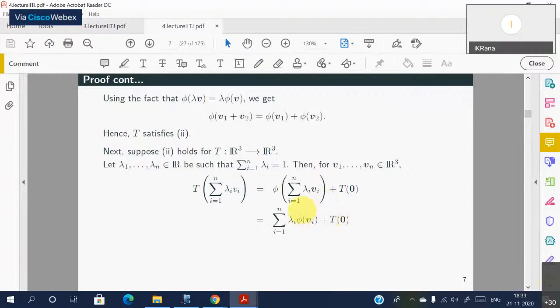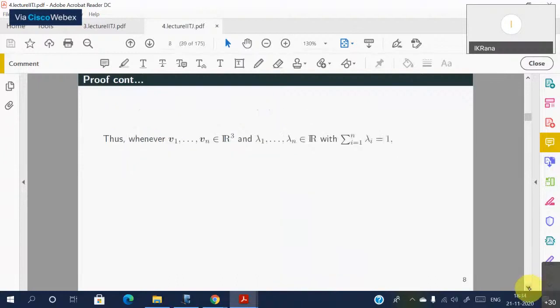And I can write it back in terms of T, adding T0, so that gives sigma lambda i of T of Vi. So the sigma lambda i comes outside. Thus whenever this is equal to 1, you get this property. Hence, for the convex linear combination, it holds, so that is good enough.